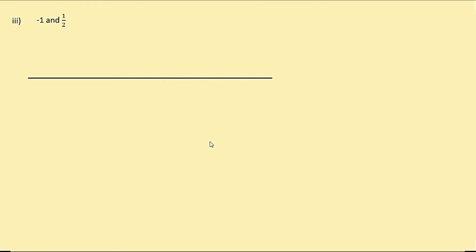So the third type of sum is between minus 1 and 1/2. See here, you are to find a number between minus 1 and half. Minus 1 is a negative integer, and half is a positive fraction.